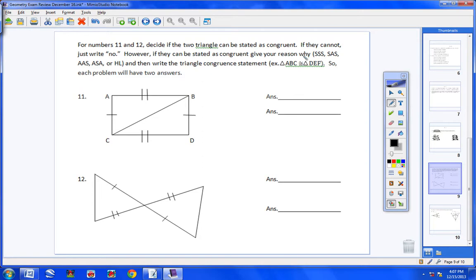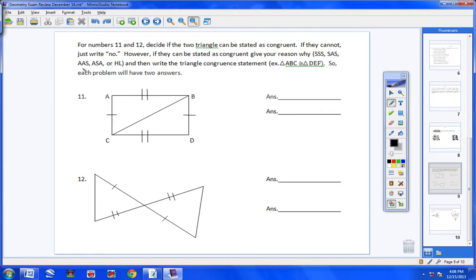Now here's the 5 ways that we learned to prove that triangles are congruent. If 3 sides of one triangle are congruent to 3 sides of another, side, side, side, then the 2 triangles are congruent. If we have a side and an included angle, so side angle side of one triangle congruent to side angle side of another triangle, then the 2 triangles are congruent.